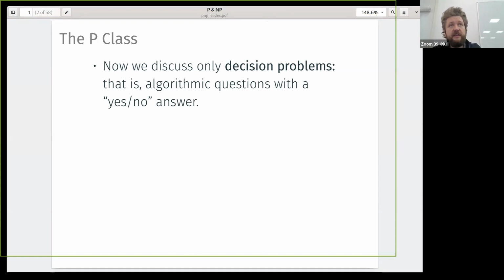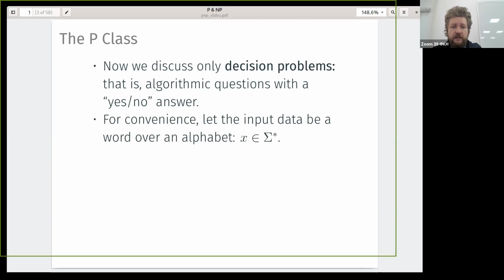So the input data is some finite object in general, and the output is only one bit, yes or no, or we will also say it as 1 and 0, just as in Boolean logic. For convenience, we suppose that the input data is a word of an alphabet, a string of symbols.